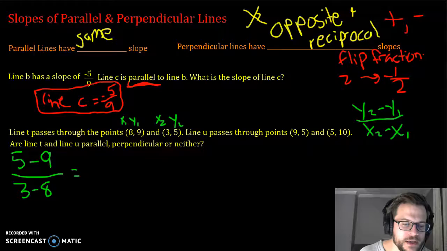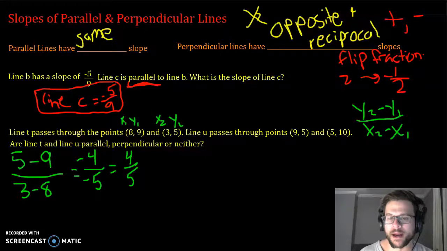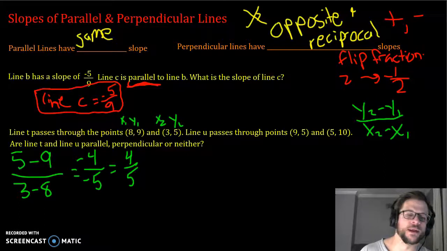All the signs are taken care of, so 5 minus 9 gives us a -4. 3 minus 8 is a -5. And since both of these are negative, when you divide a negative over a negative, your slope is actually a positive. You don't want to leave these as both negative because then it's going to really confuse you to figure out whether you need that opposite or reciprocal. So this is a positive slope. It is increasing from the point (3, 5) to the point (8, 9) in the up and right direction.